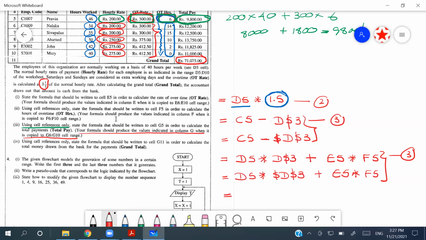The starting value is going to be the G5 cell, right? So you can say equals G5 plus G6 plus G7 plus G8 plus G9 plus G10, right? Since they have said formula, right, it's better you go with the equal sign.